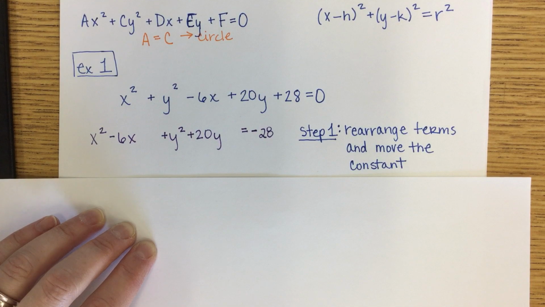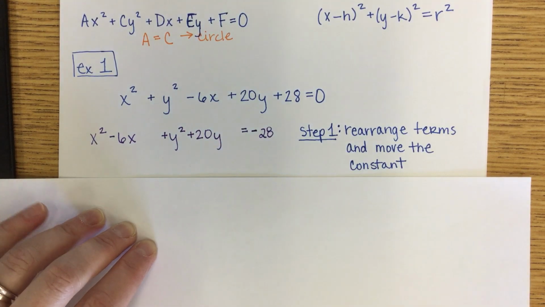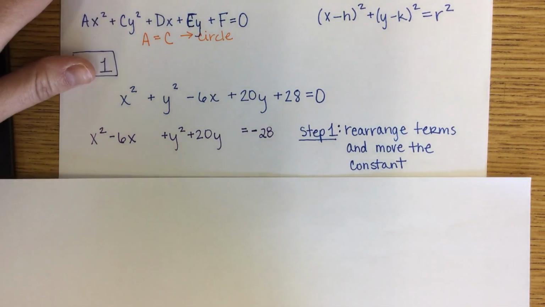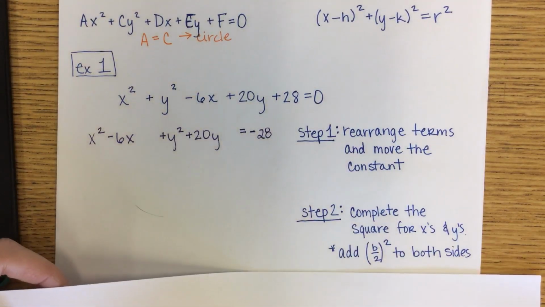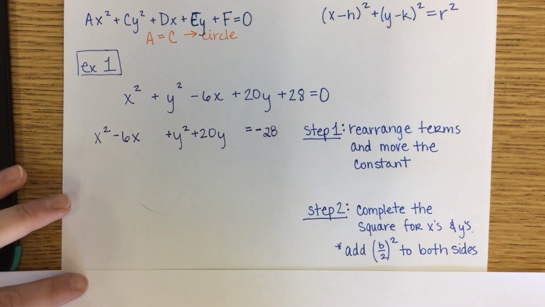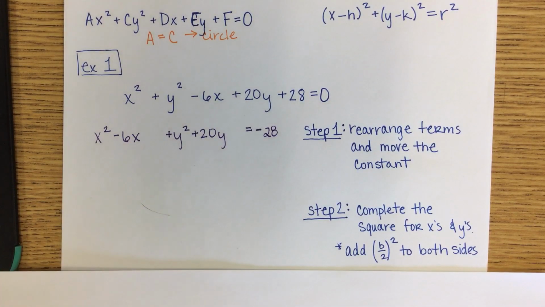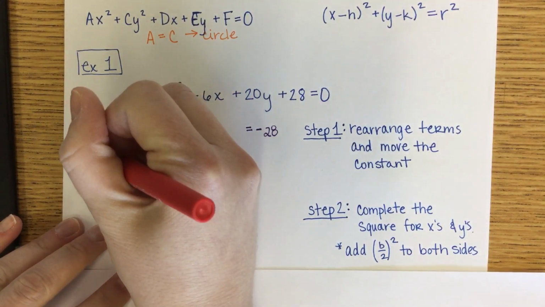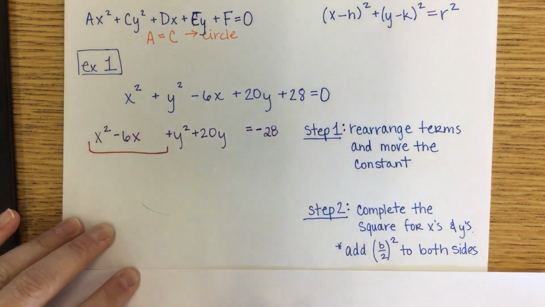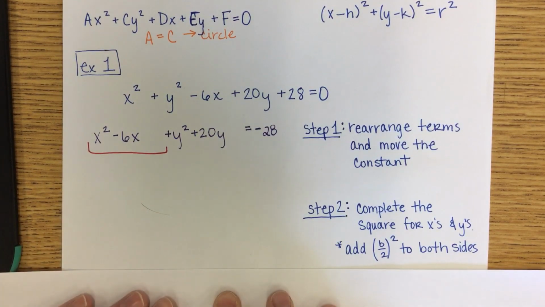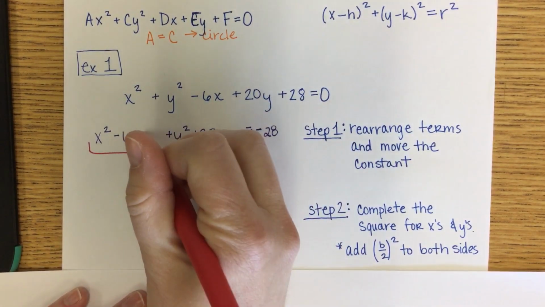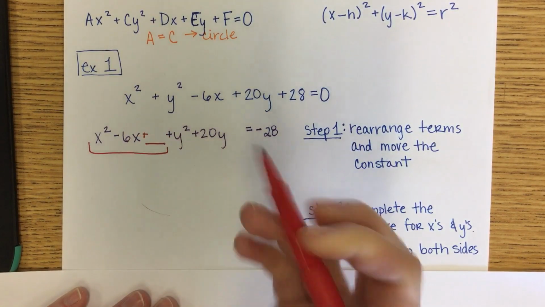Now what we have to do is a process we call completing the square. That's our second step. We're going to look at this as two completing the square problems. The first thing we're going to do is look at just our x's. We're going to create a perfect square trinomial by adding some number here.